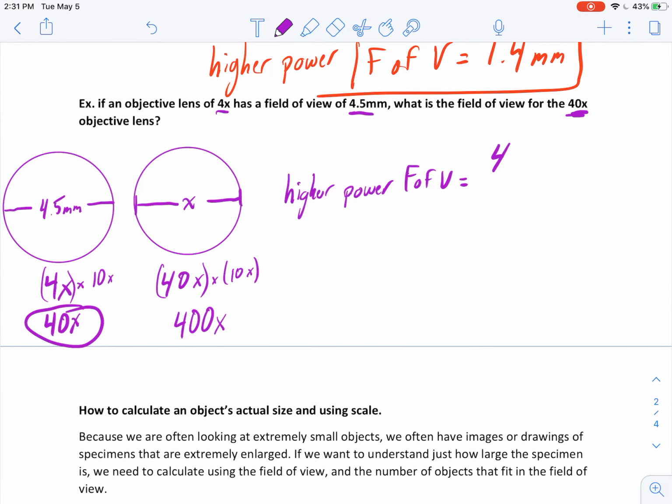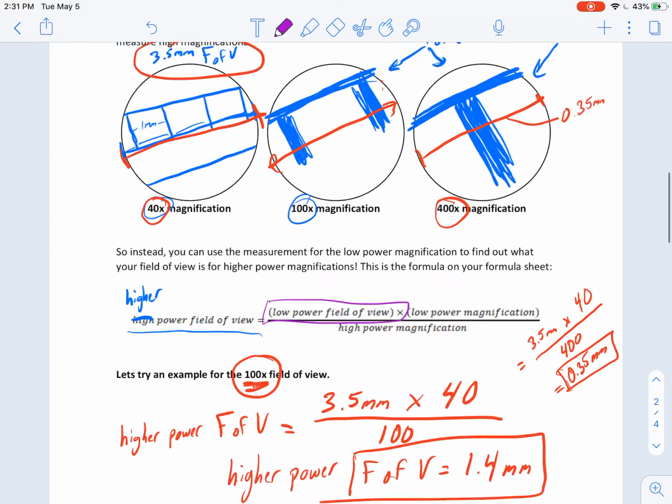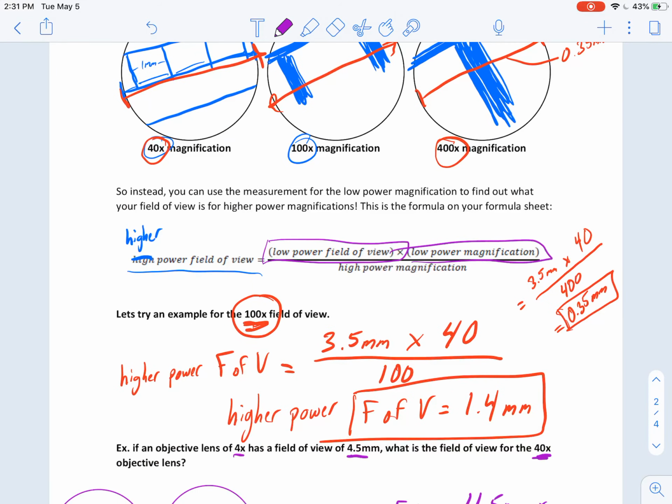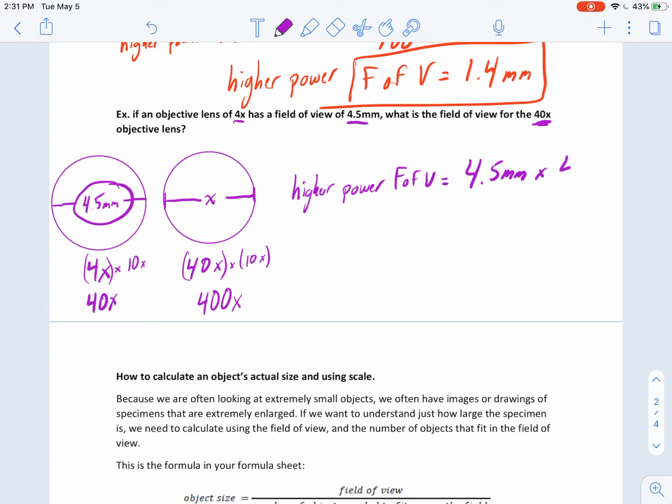Oh sorry, my lower power field of view is 4.5 millimeters, times my lower power magnification, which is my 40 times, and divided by a higher power magnification of 400. And that is going to give me 0.45 millimeters as my field of view.